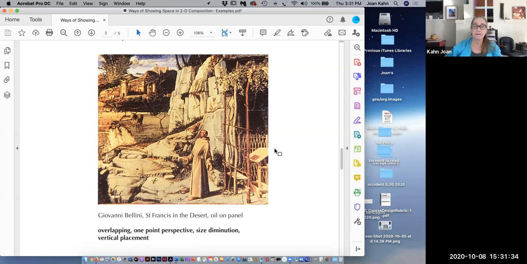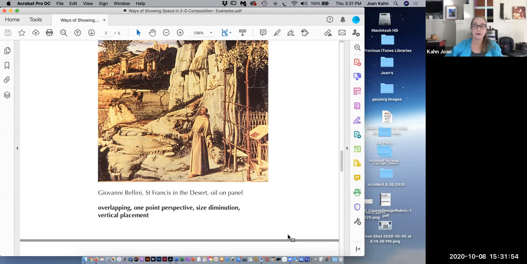In the 1-point perspective, we can see that the wood on the trellis moves back to a vanishing point if you were to follow the top and the bottom rail.